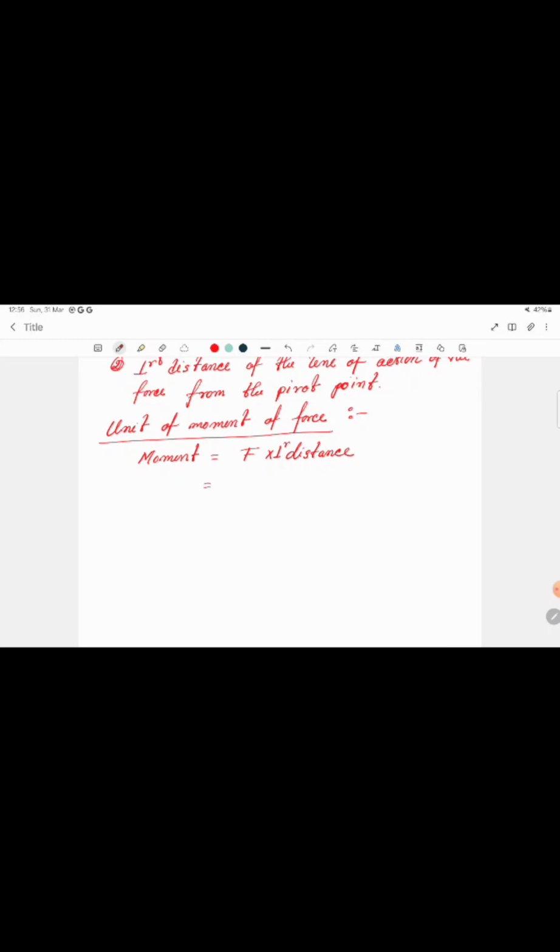In the SI system, the force unit is Newton, and the perpendicular distance is in meter, so Newton meter. In the CGS system, it should be dyne centimeter. Because the unit of force in SI is Newton, and the distance unit is meter in SI, so Newton into meter.